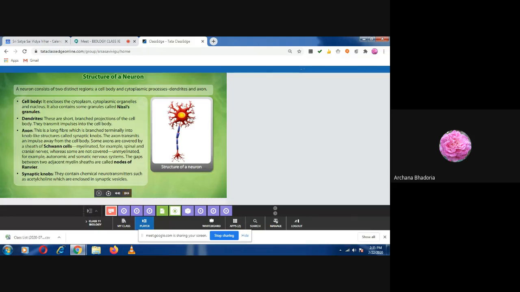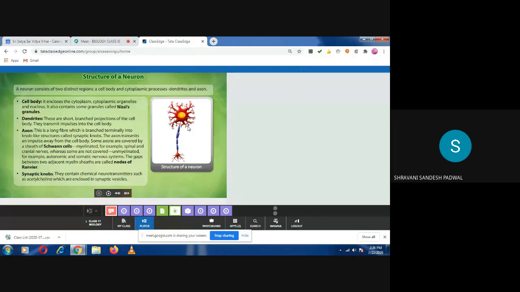Now tell me what are dendrites. So can Shravani tell me what are dendrites? Ma'am, these are the short branch projections of the cell body. And what do they do?